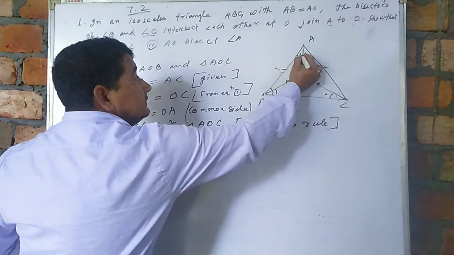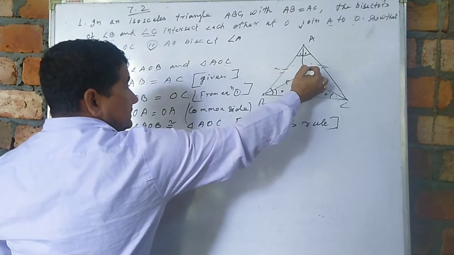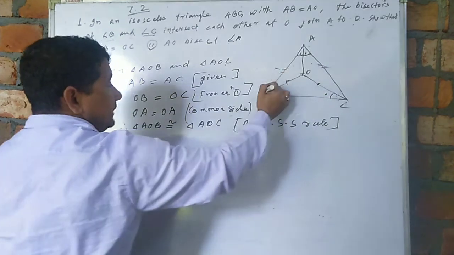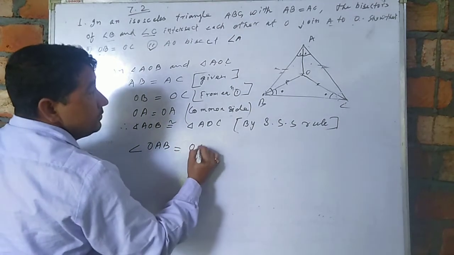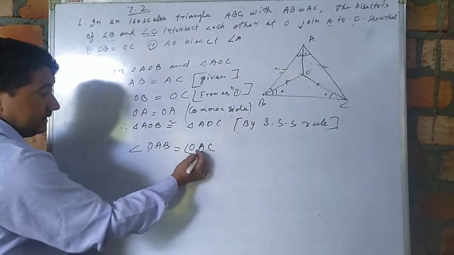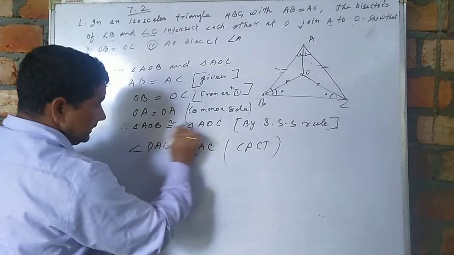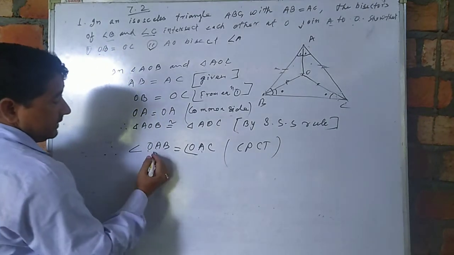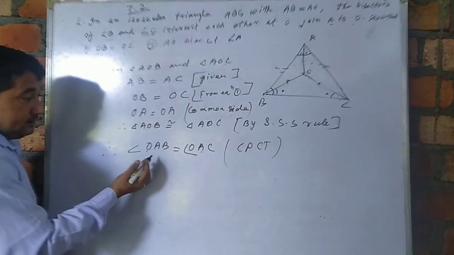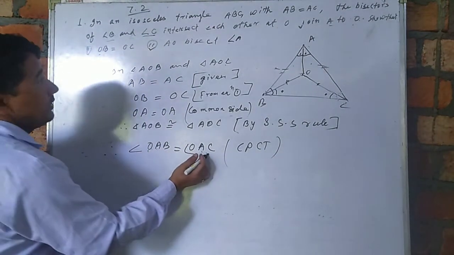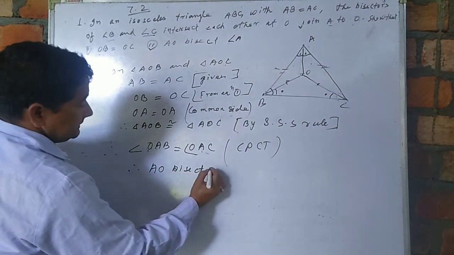Therefore, from CPCT, angle OAB equals angle OAC. CPCT means corresponding parts of congruent triangles are equal. Therefore, OA bisects angle A.